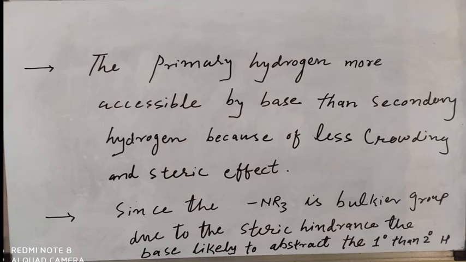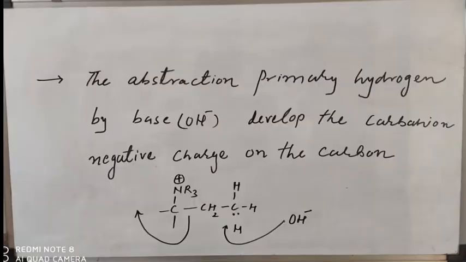And when it takes away the primary hydrogen, the carbanion negative charge is produced on this carbon. Okay, so it produces the carbanion character, and as we know, for the stability of carbanion, primary carbanion is more stable than secondary, than tertiary, right? So if it takes away the primary hydrogen, then it produces the more stable carbanion than secondary carbanion, and in turn tertiary carbanion.